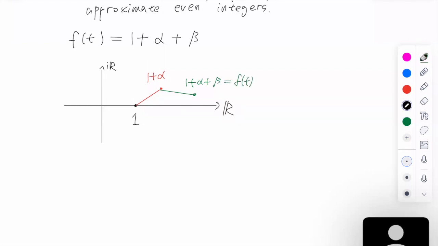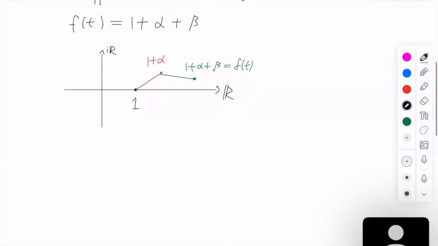And we know that when alpha and beta are close to 1, the function f should be approximately 3, and the modulus of the function should also be approximately 3.